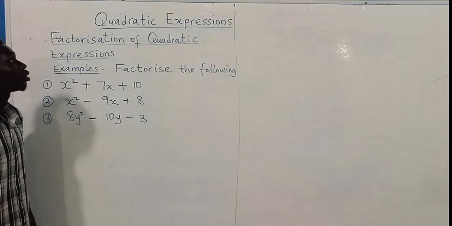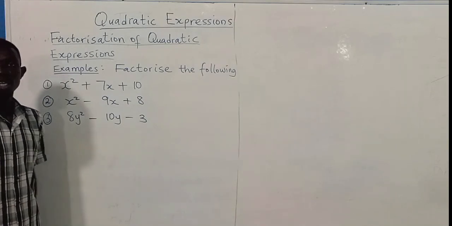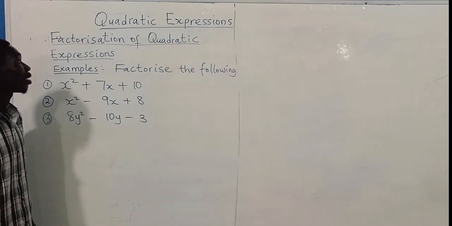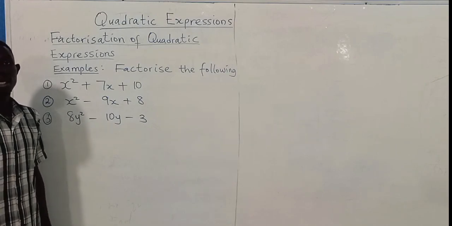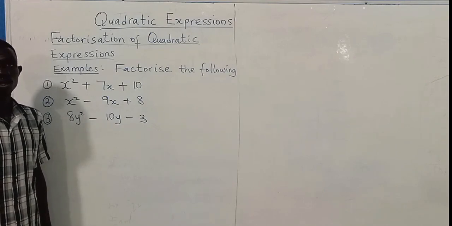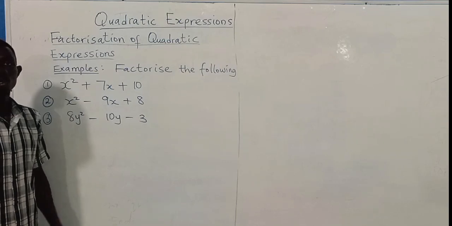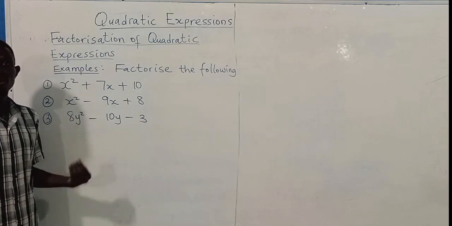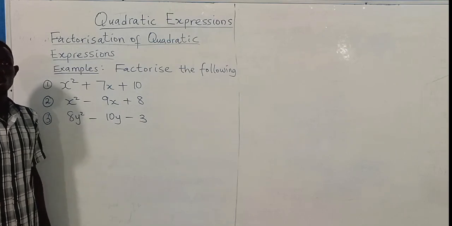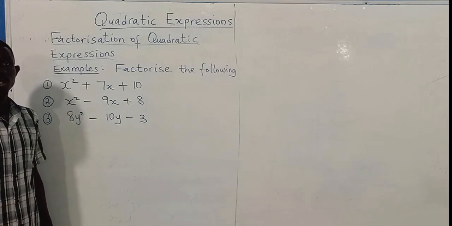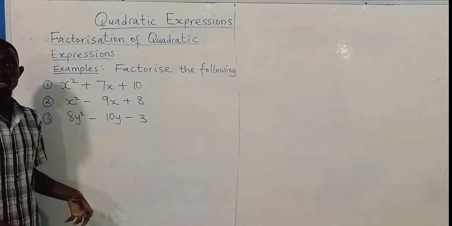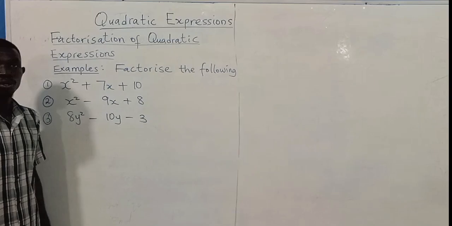We are still on the subject of quadratic expression, and today we'll be looking at factorization of quadratic expression. Remember, I told you in a video under factorization that to factorize means to express the algebraic expression as a product of its factors.